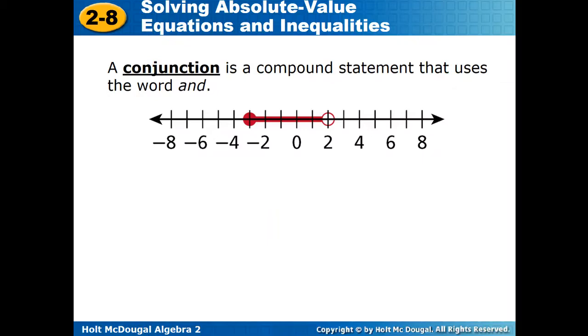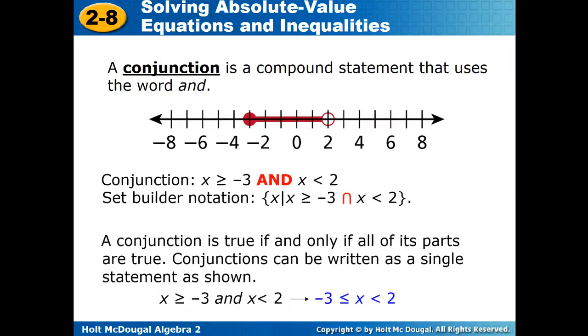All right, but we also have a conjunction, and a conjunction is a compound statement that uses the word and. So let's look at a sample. In this example here, we see a conjunction. We have x is greater than -3, so it's everything greater than -3. And x is also less than 2.